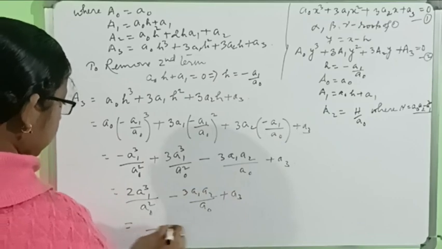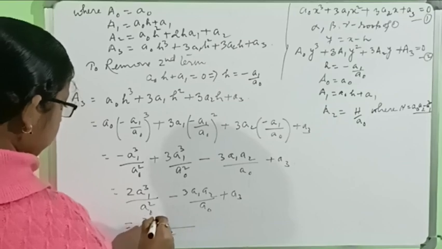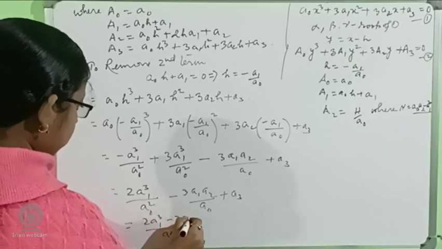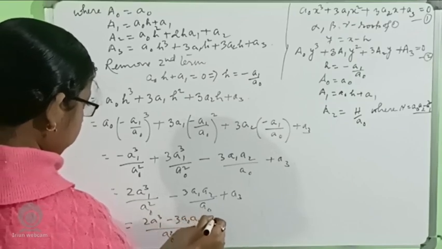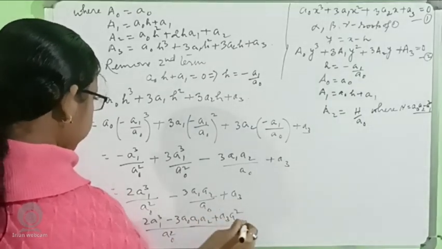Now simplify. On simplification, this is a naught square, this is 2 a1 cube, minus 3 a naught a1 a2, and this is plus a3 a naught square.